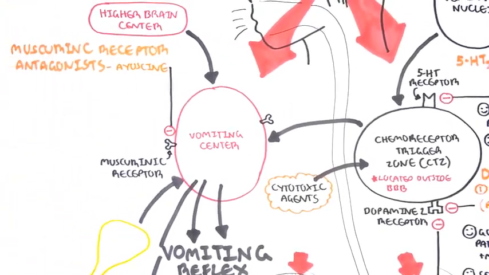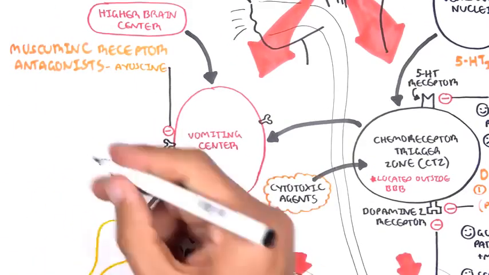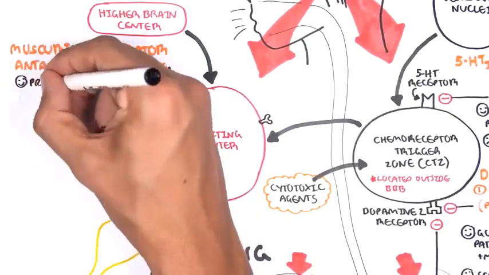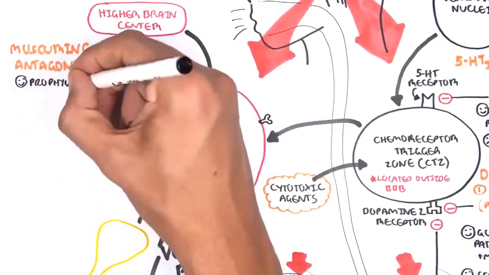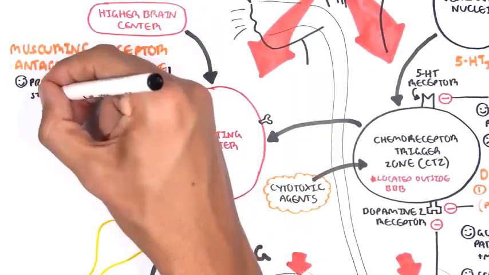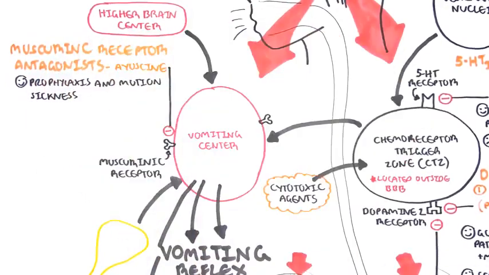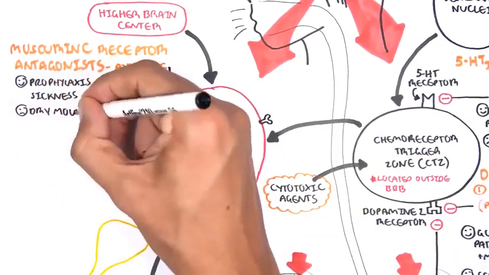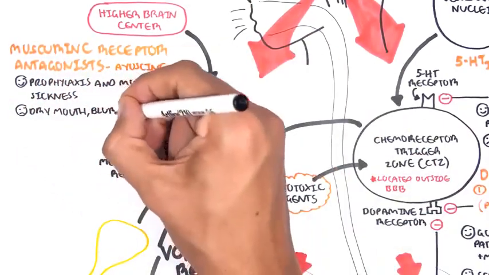Finally, the muscarinic receptor antagonists or anticholinergics, such as hyoscine with an H, are good as prophylaxis for certain conditions and situations, as well as for motion sickness. Side effects of these medications include dry mouth, blurry vision, and drowsiness.